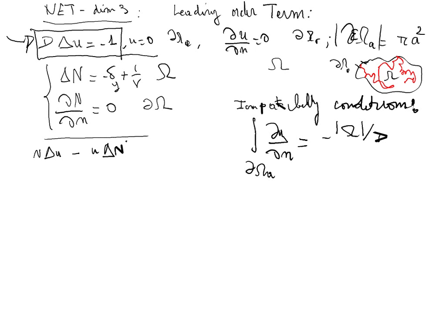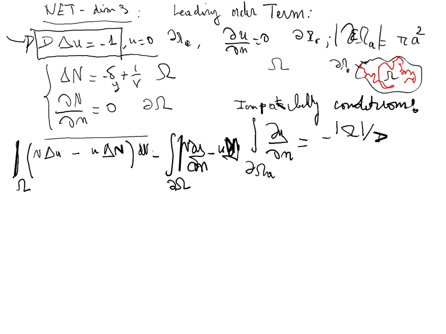If we integrate this over the entire domain omega d volume, this is equal to the integral over the boundary of n du dn minus u dn du dn, integrated over ds.